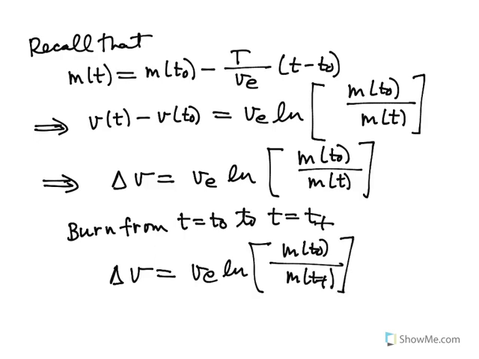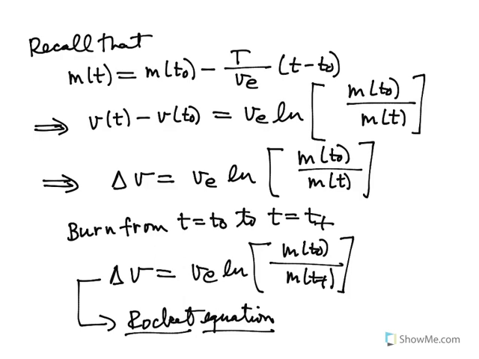So now what that gives us is what's called the rocket equation. And it's a common equation that's used to describe the change in velocity for a given change in mass.